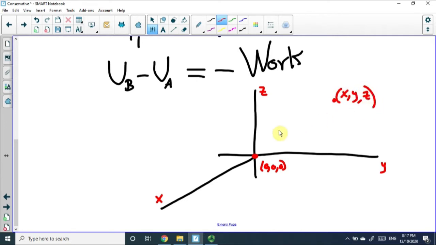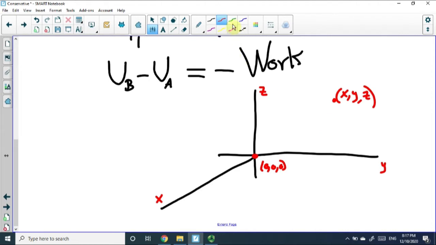Now let's try to calculate the work done by the force. In general, calculating the work means we first have to use a path connecting the initial point to the final point. Since the force is conservative, the work is independent of which path you take. Because of that, I'm going to use the simplest path.